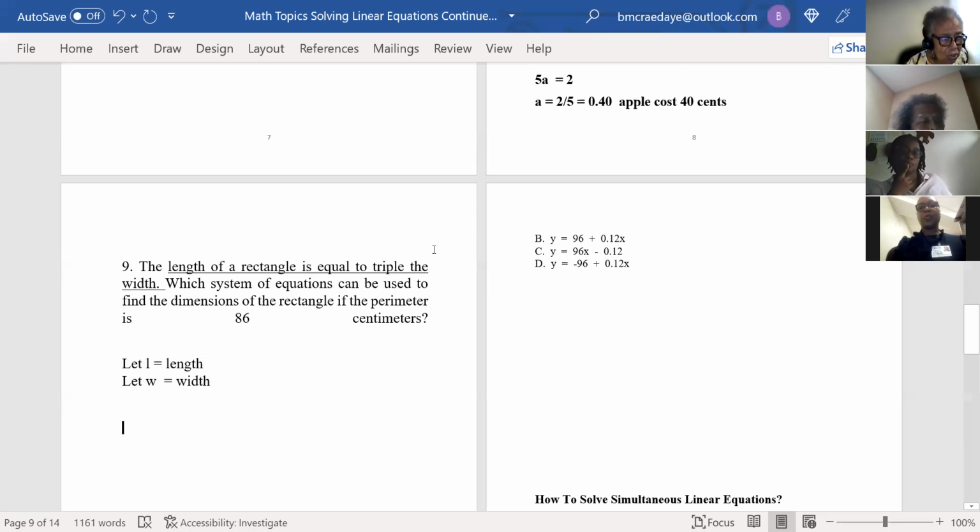Triple means you're multiplying the width by 3. How would I write that using L and W?